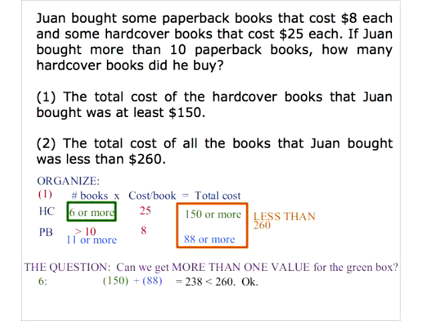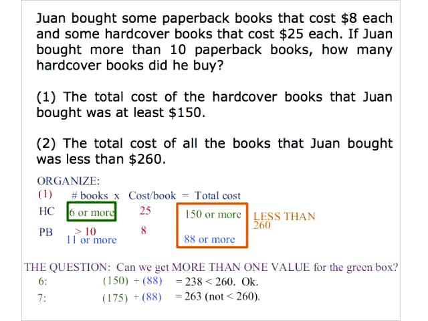But the next value up is 7. If we try that, that's 175 plus 88. And that's actually 263, which is not less than 260.